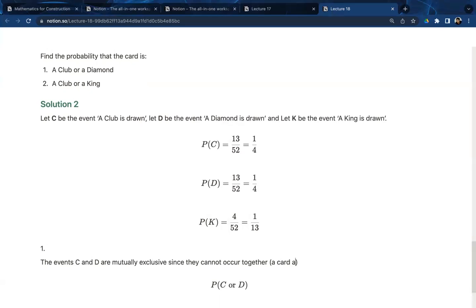A card cannot be both a club and a diamond, right?